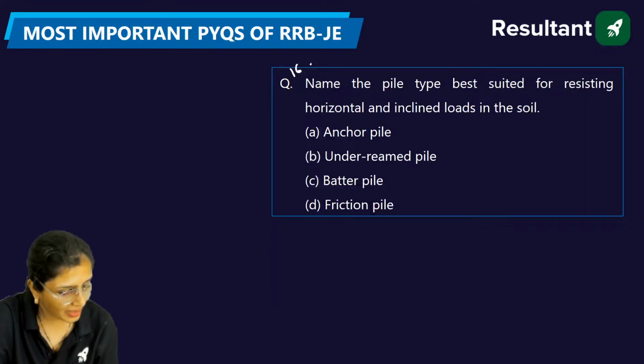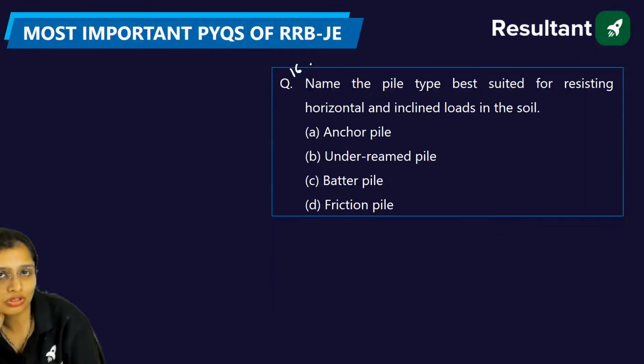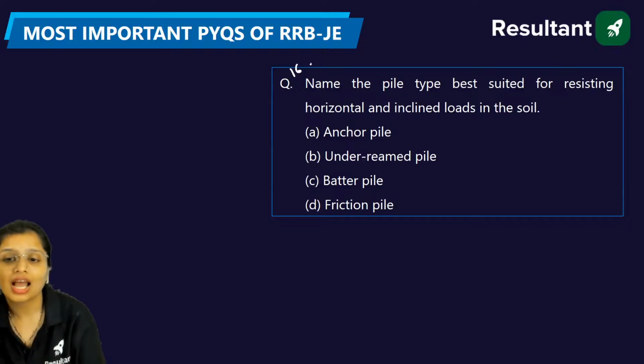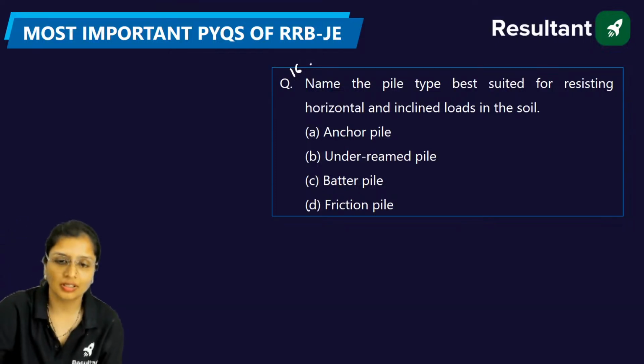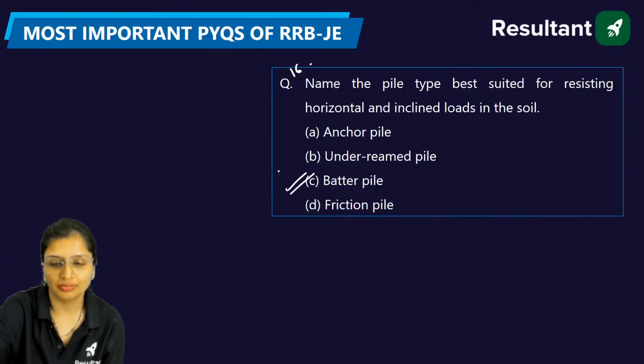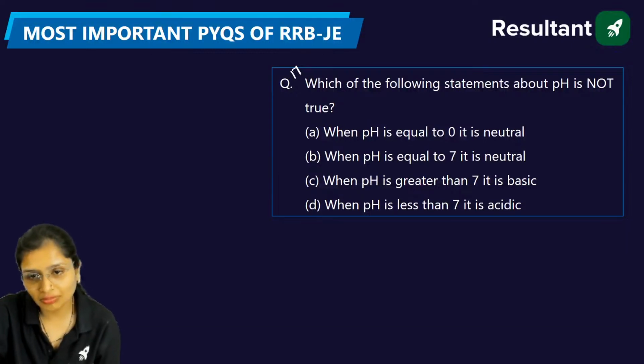Correct. Batter pile is used. It is commonly used to support offshore structures, and it will resist the horizontal load as well as the inclined loads which are happening in the soil. So, batter pile.